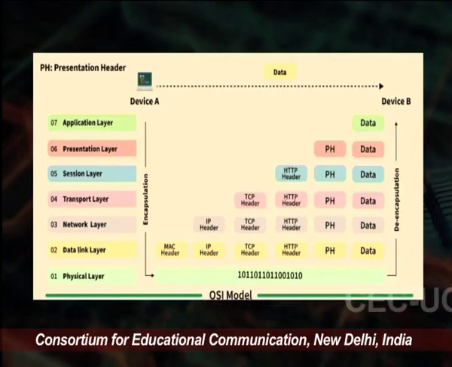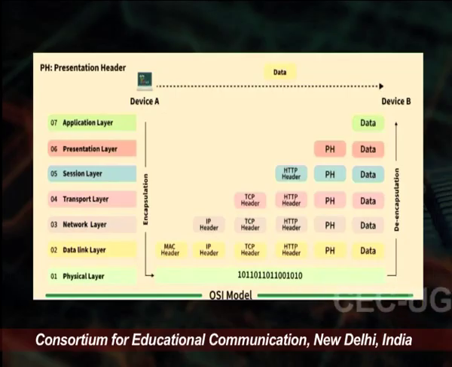Now, in these layers de-encapsulation is happening. Moving further, on top of the data link layer, which is the network layer, that MAC header is stripped off by the data link layer of device B, the receiver device, and this MAC header was inserted by the data link layer of device A, the sender's device.